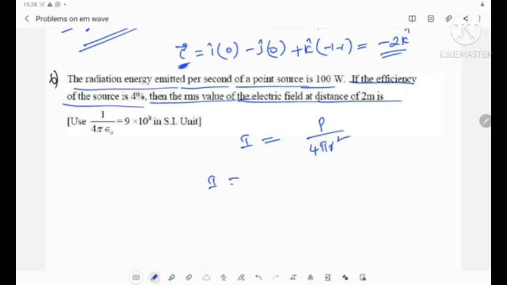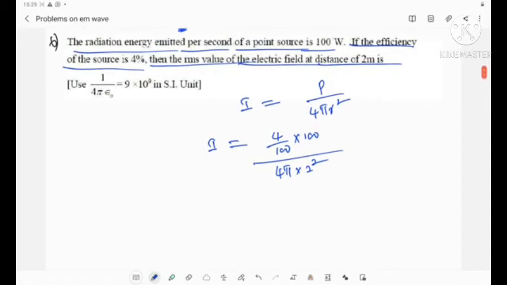Therefore I is equal to, but your efficiency is given as 4%, 4% of this 100 watts by 4 pi, distance is given as 2 square. Radiation emitted, see, this 100 cancel, here 4 cancel. This becomes 1 by 4 pi.